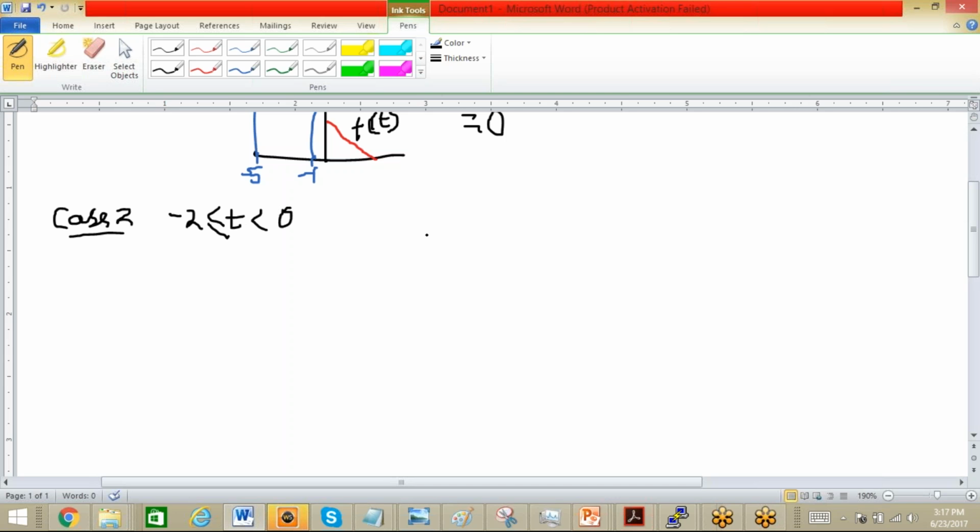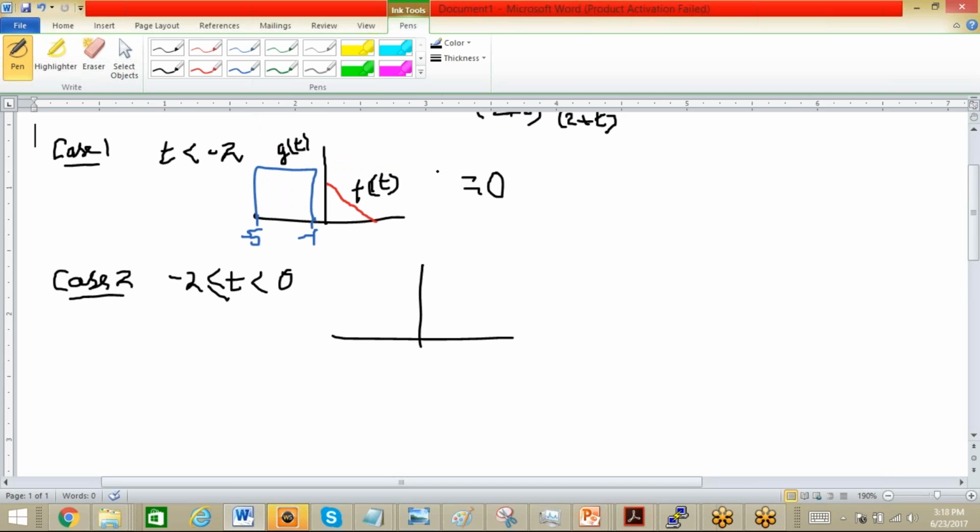In that case, let me take one example. Let me show the coordinate system first of all. Let's say t is equal to minus 1, for example. In that case, what will happen?